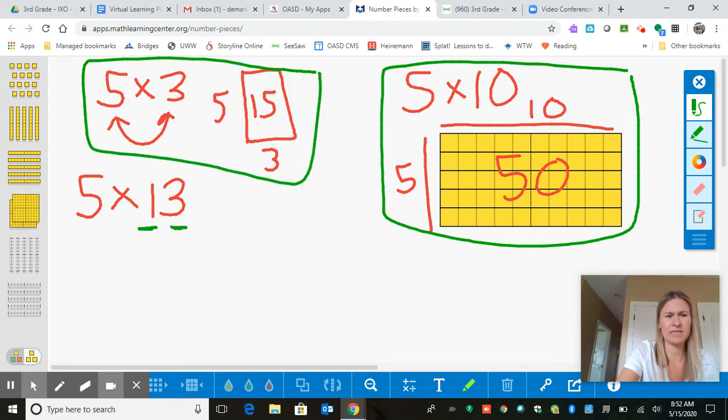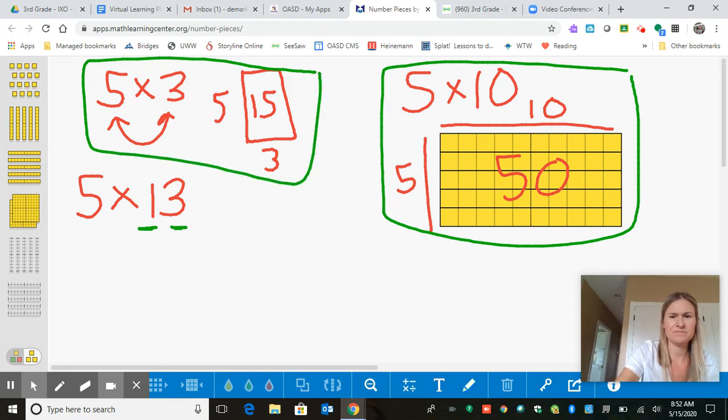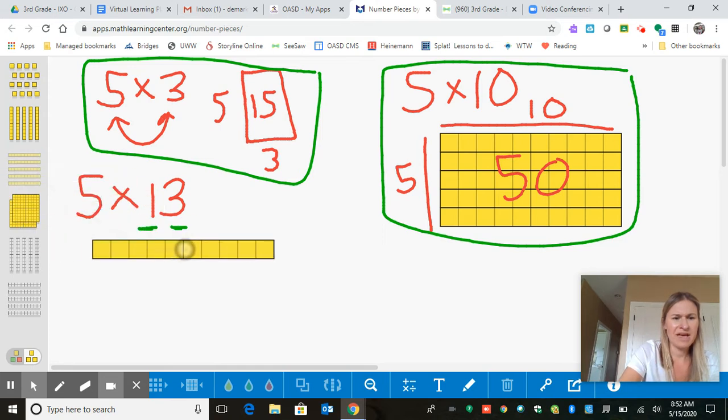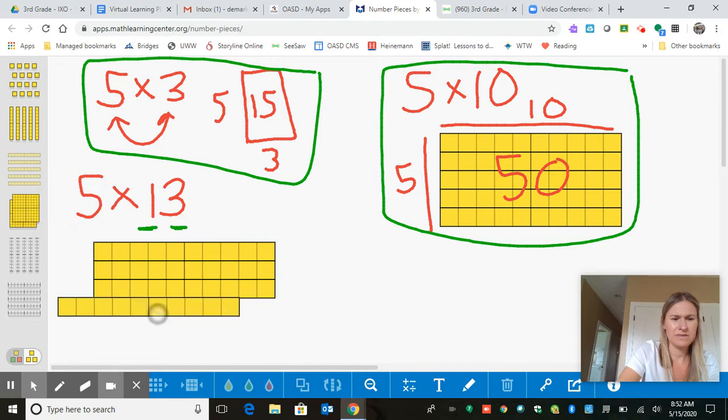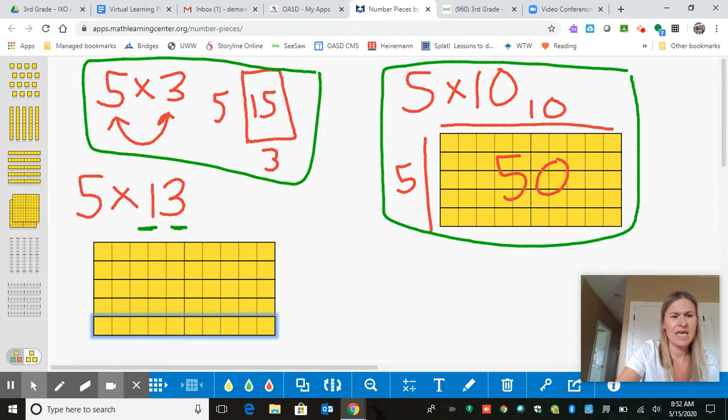Watch how I put this together. 5 by 10. I'm going to use a 5 by 10 because that was pretty easy. That was 50. And then I'm going to do 5.